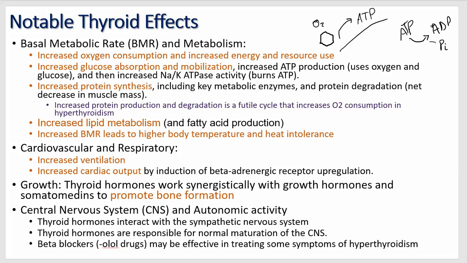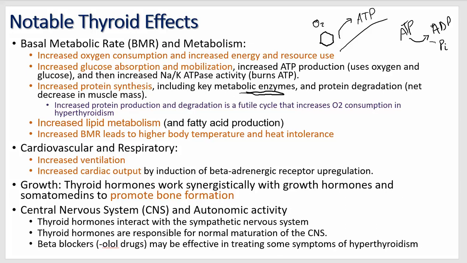So increased protein synthesis, including key metabolic enzymes, and protein degradation. So let's think about what I just said. You're increasing protein synthesis, and you make enzymes, that's a big thing that proteins do. They're also structural proteins, but then you also have protein degradation.